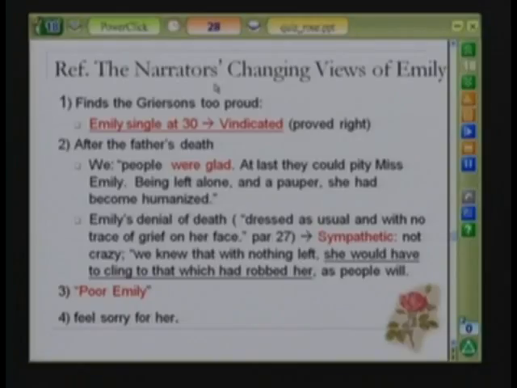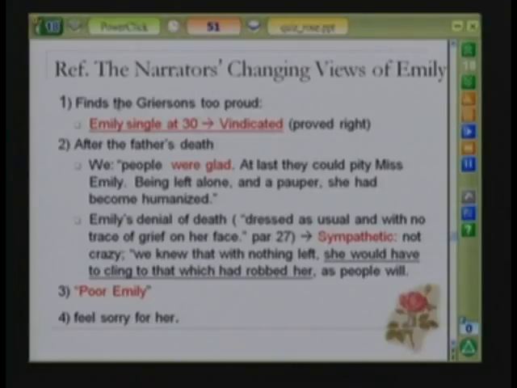So like towards the end, it is the young generation. And then when Emily was young, it is also the people who are gossiping, who form their collective view of that society. So it's not really specified the gender or the age of the narrators.